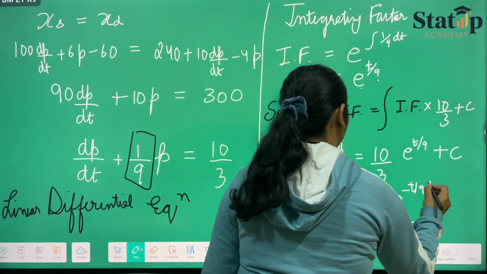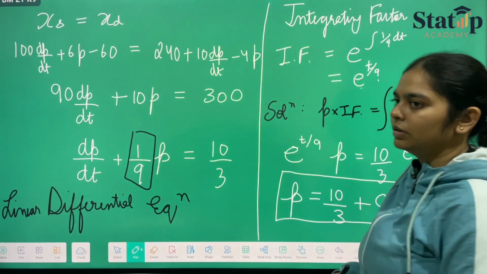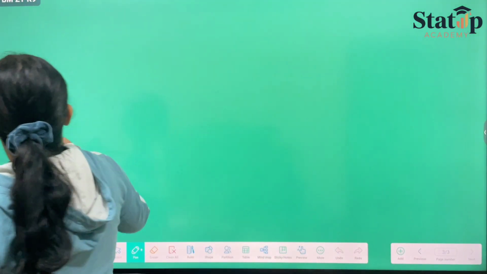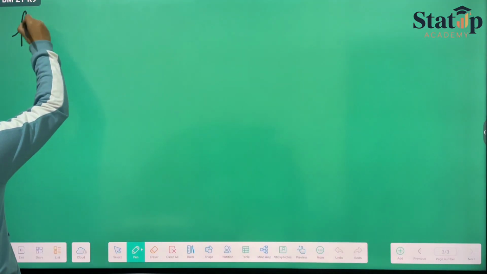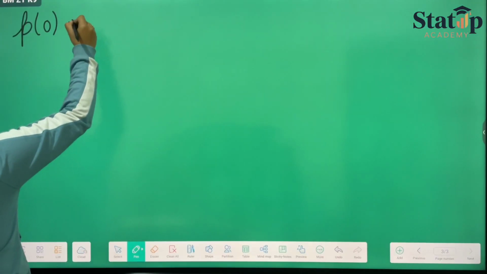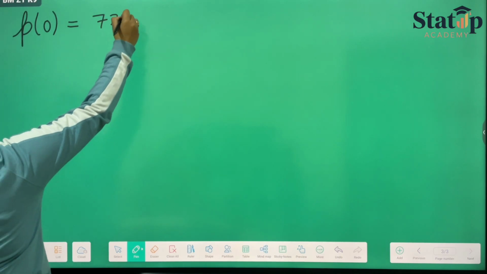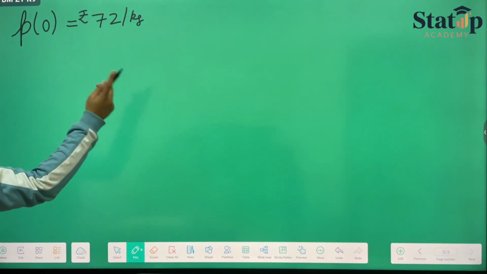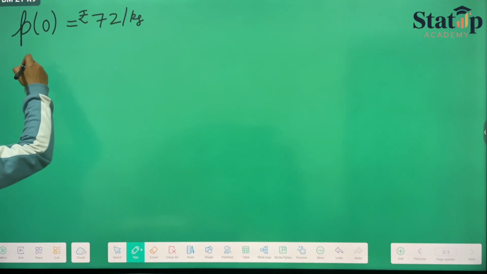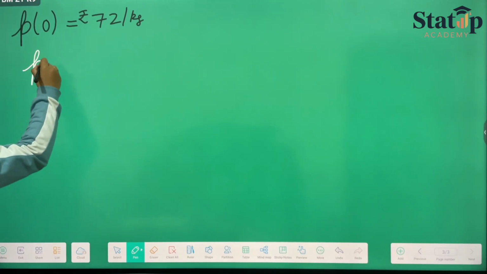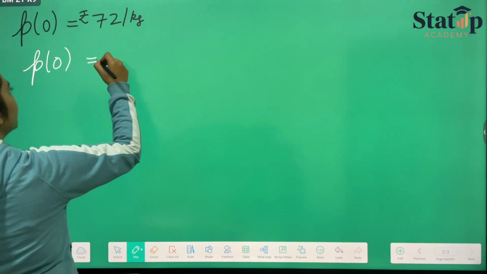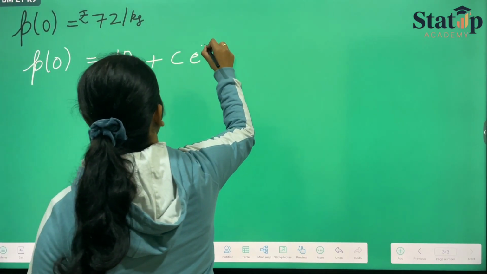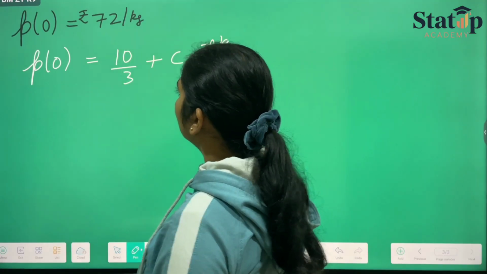This is the time path equation. But here also one thing is unknown, which is c. That we can find out. We know that at t equals 0, the price is rupees 72 per kg. So putting t equals 0 in the time path, p0 equals 10 upon 3 plus c e raised to the power minus 0 upon 9.